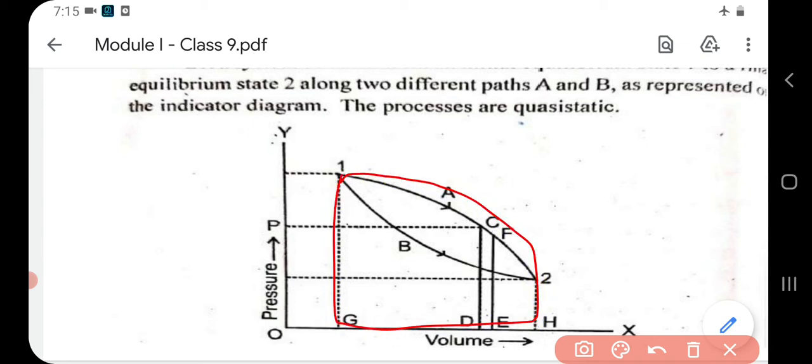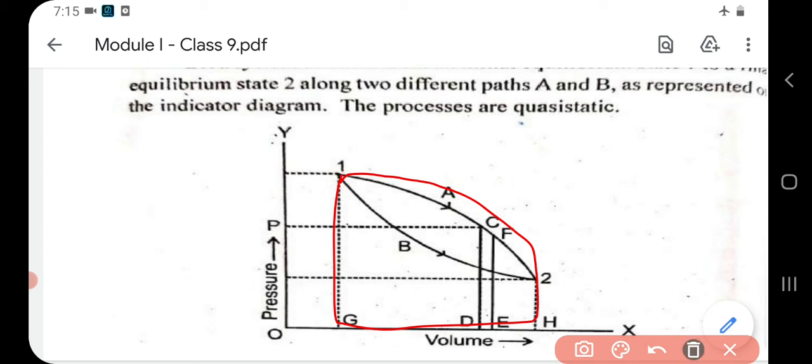So when a system is taken from initial state 1 to final state 2 along the path A, the work done will be equal to the area enclosed by that region, that is 1A2HG1.